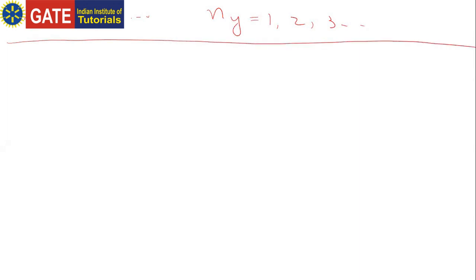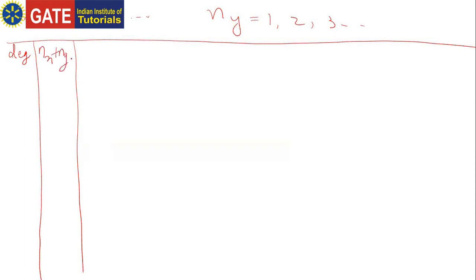Okay, now we can find degeneracy of a 2D box. Nx values are for 1D box, n values are 1, 2, 3, etc. Similarly, ny values are 1, 2, 3, etc. Now I am going to find degeneracy. Degeneracy in this box, nx comma ny values.